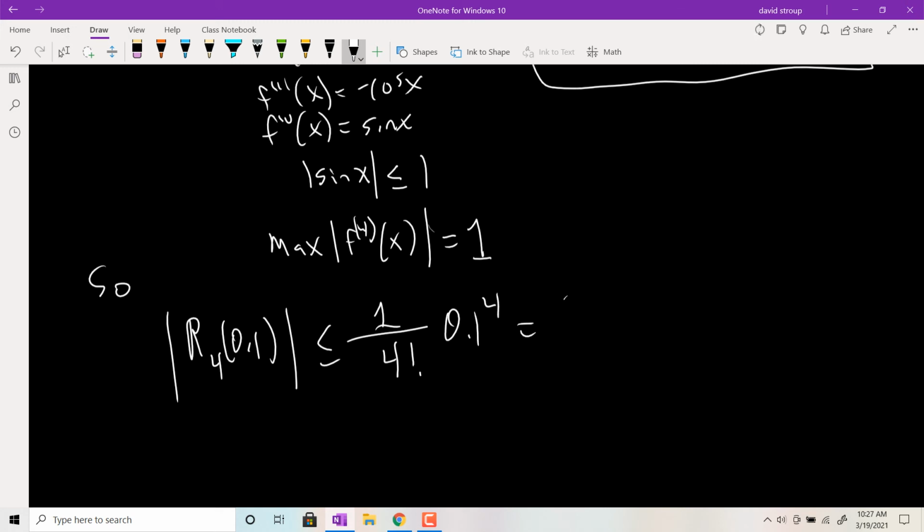Okay, and that gives us our error in this fourth degree polynomial, which you'll see is relatively small. It's 0.1 to the fourth divided by 4 times 3 is 12 times 2 is 24. So it's really small, 0.1, 2, 3, 4, 5, 5 zeros in there.